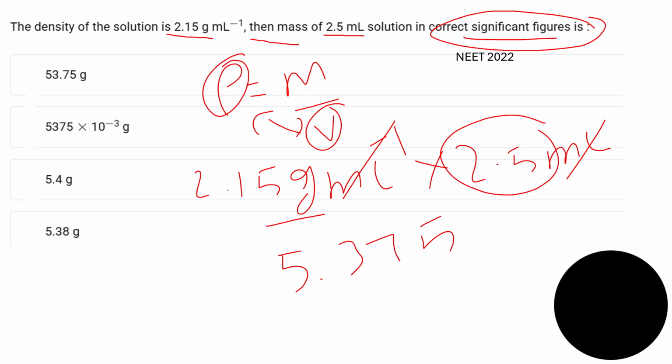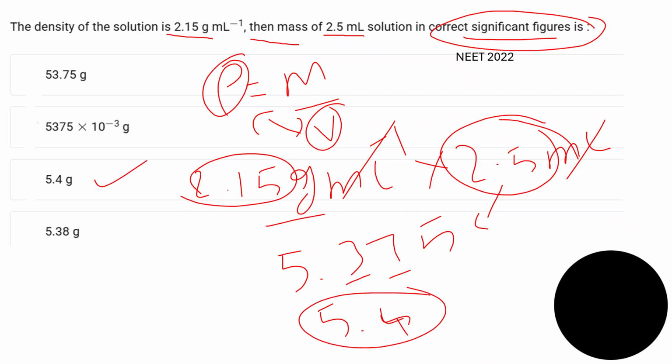If we add or subtract, take the highest decimal number. In the case of multiplication or division, we take the one with the lowest decimal. The 7 is greater than 5, so 5.4, this is the answer. 5.4 grams is the answer.